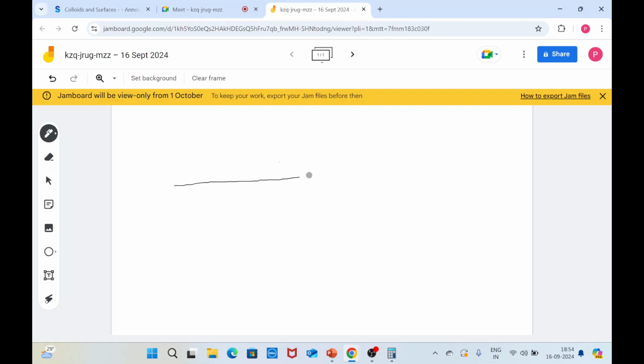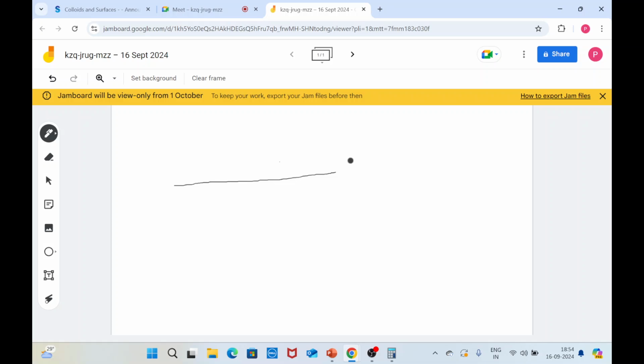So take this as your planar interface. Again, when you have questions of this, it is a condition that all these equations are derived for the interface which is planar or flat and undeformed in nature.